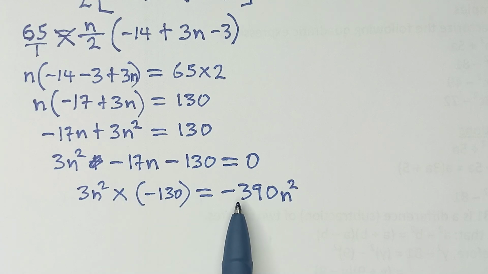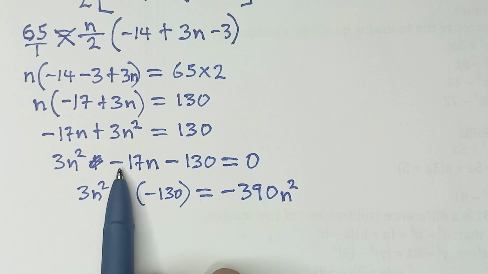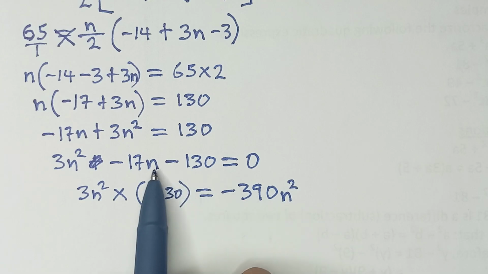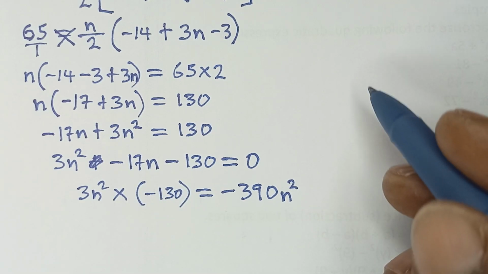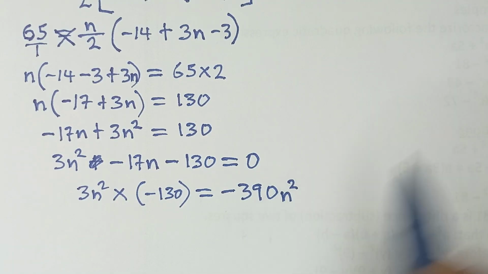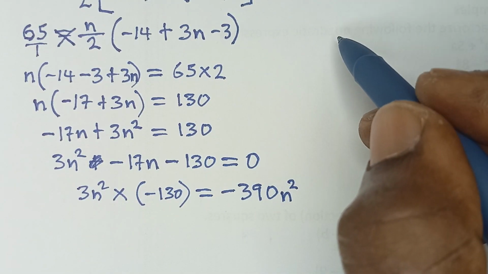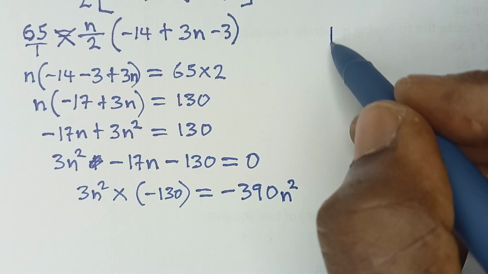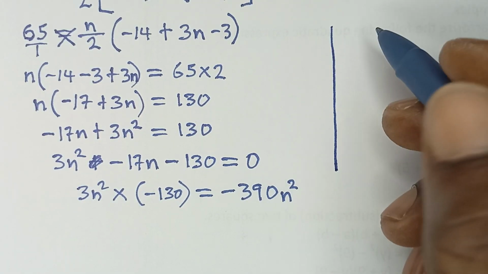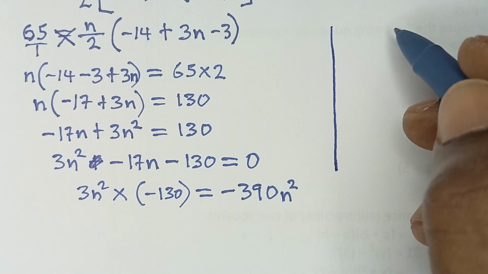And don't forget, the two numbers should be in n, so that this will be in n squared and this will be n. A simple trick of obtaining the factors of 390, because the two numbers have to be the factors of 390, is to break 390 into a product of its prime factors.